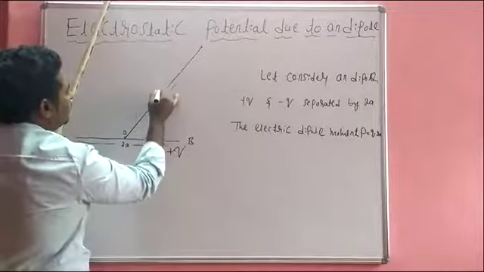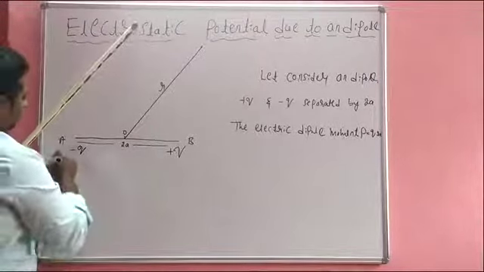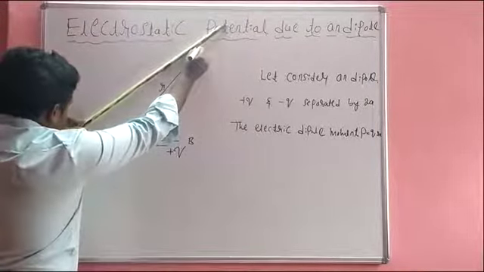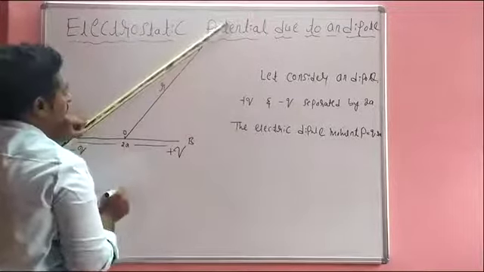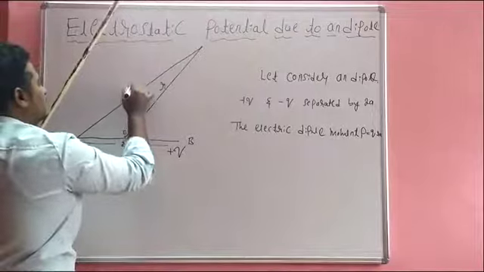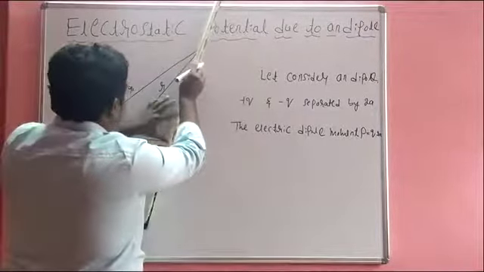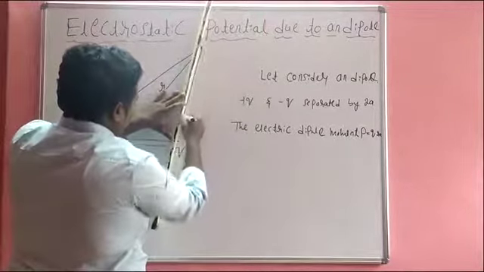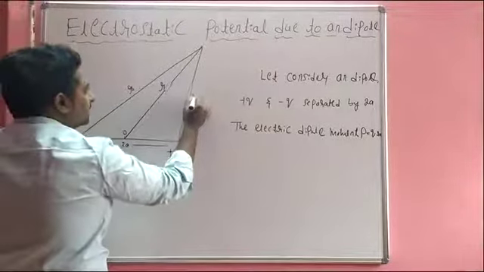From the minus Q charge the distance is R1, and from the plus Q charge the distance is R2.